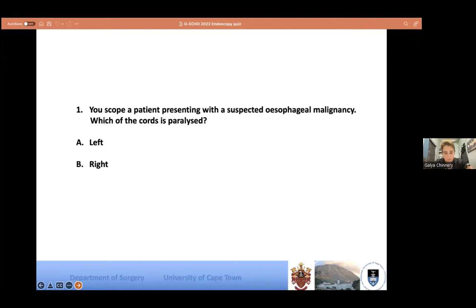So in an environment where you are very short on CT time, you can argue that this is a patient that doesn't need a CT. You already know there's advanced disease. But yeah, so that's why we always look at the cords when you do your scopes for malignancy.